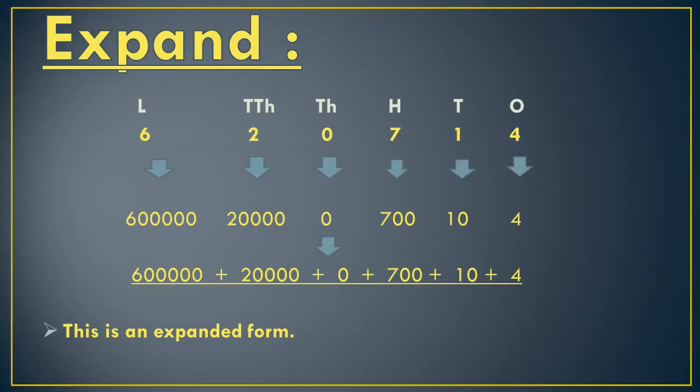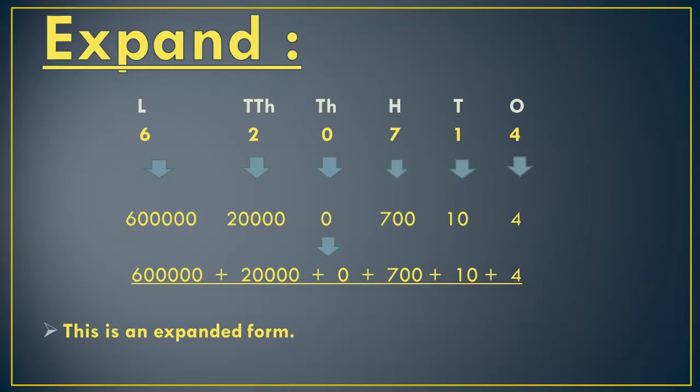Next one is 0. So we plus 0. 0 is in the thousand place. 0 into 1000 is 0. So plus 0, plus 7, which is in the hundred place. 7 into 100 is 700, plus 1, which is in the tens place.